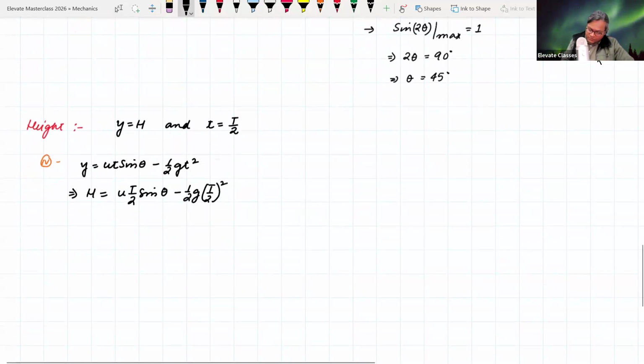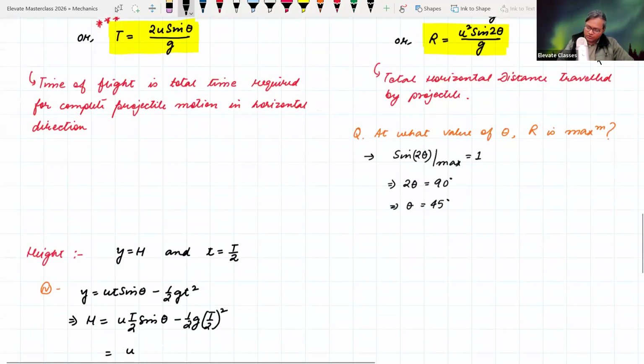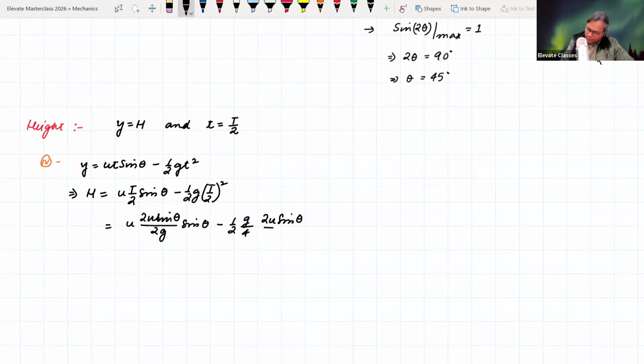So therefore, with T equal to 2u sin theta upon g, this becomes 2u sin theta upon g times sin theta minus half g upon 4 times 2u sin theta upon g square. So 2 cancels, यहाँ पे 2 square और 4 cancel.